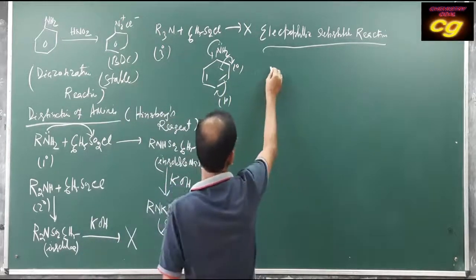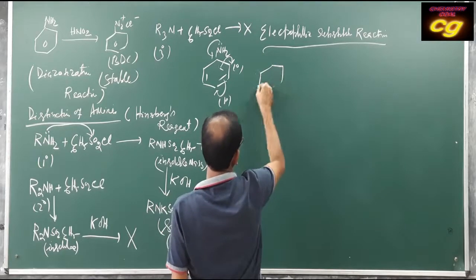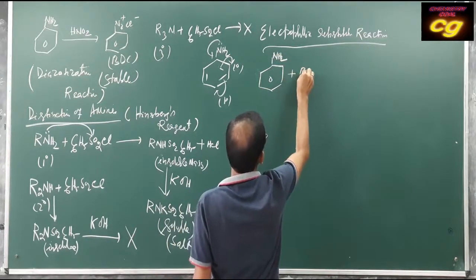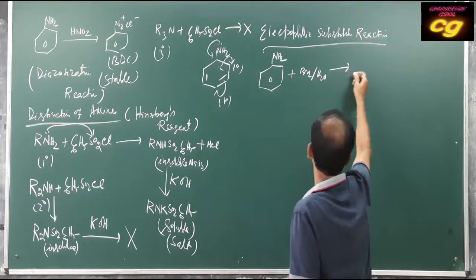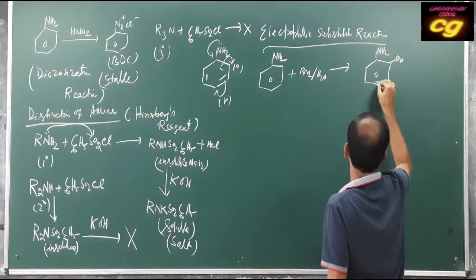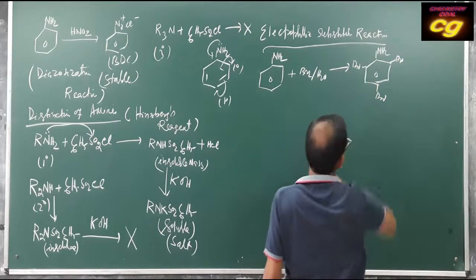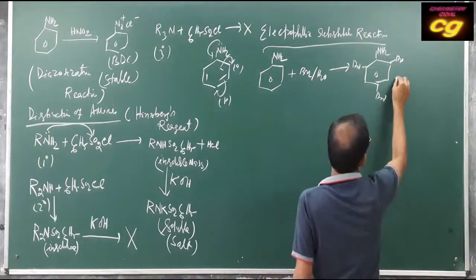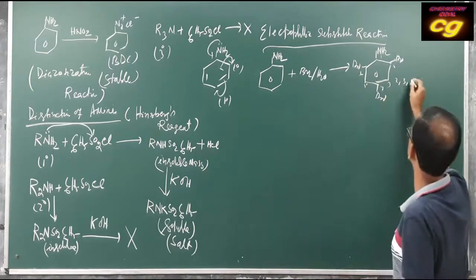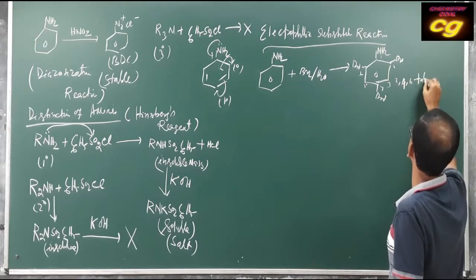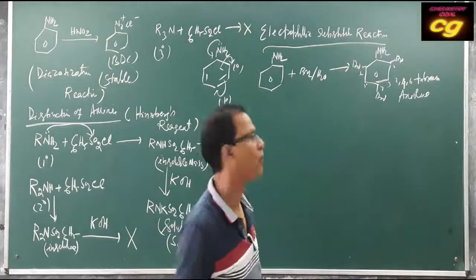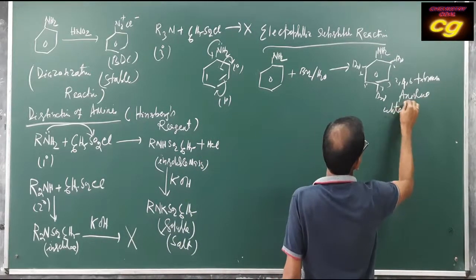So if you use aniline with bromine water, the product will be like phenol, with both ortho and para positions substituted, that is positions 2, 4 and 6: 2,4,6-tribromoaniline is produced, obtained as a white mass.